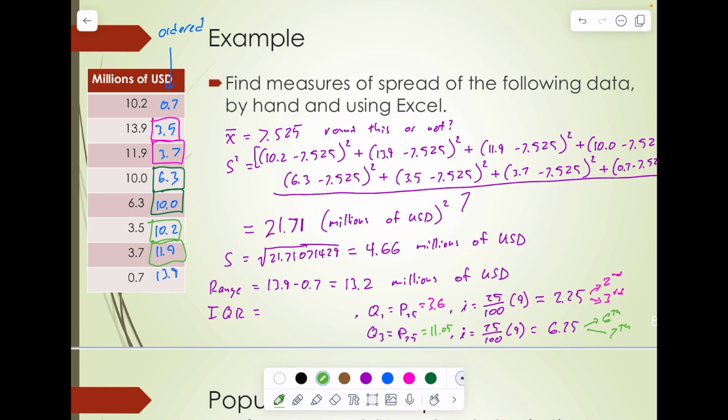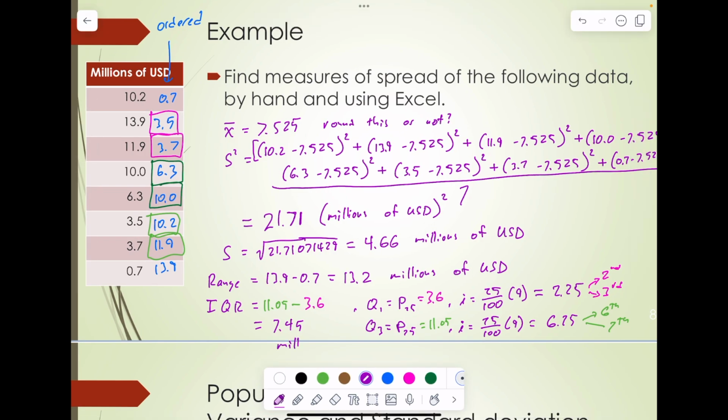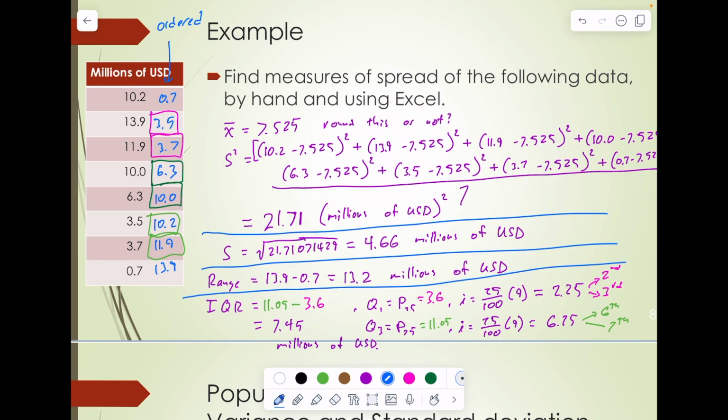And so now what I need to do is find the difference between them. So that's going to be 11.05 minus 3.6, and that is going to give me 7.45. And I round it to the 100th place, and so there's my IQR. And again, the units on this is going to be millions of US dollars. So there are my measures of spread.